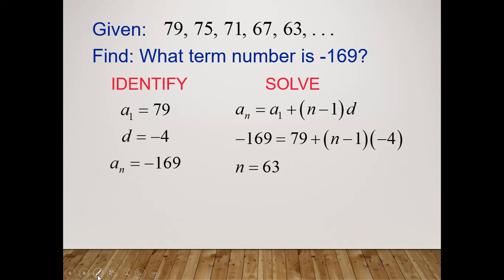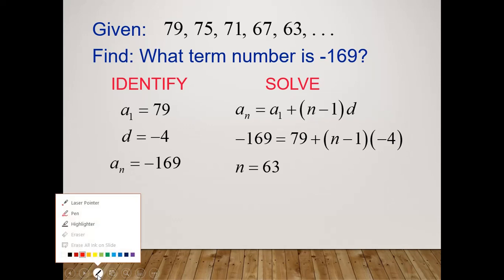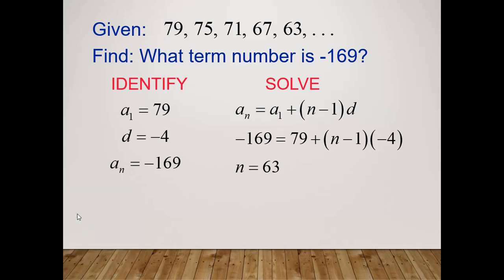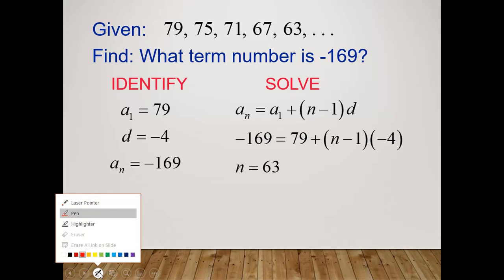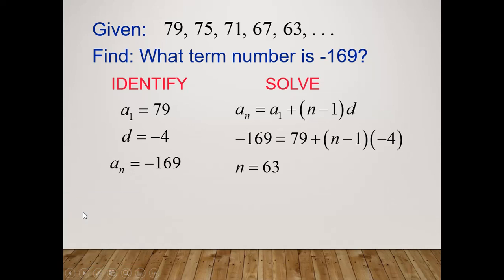So let's try to solve this. Okay, let's have a pen. Okay, so 79, so n is unknown. So if this is unknown, maybe you can solve this at home. So n is unknown, so n minus 1.